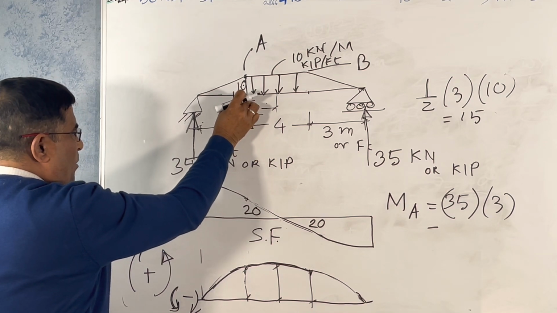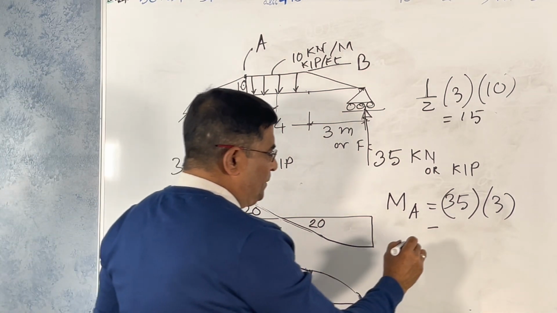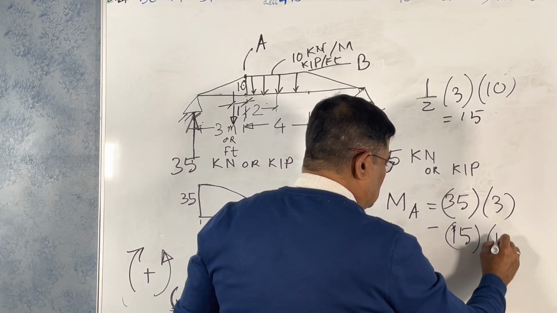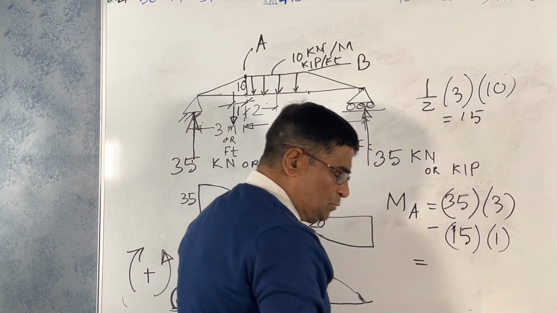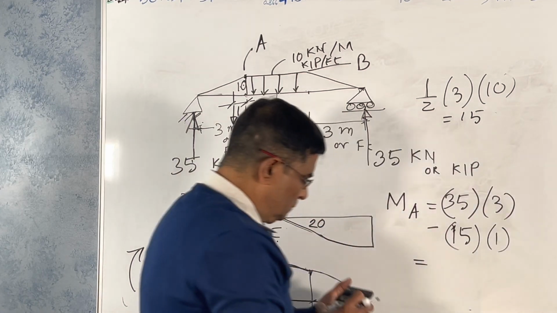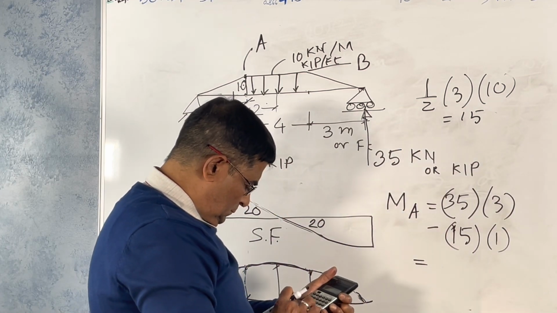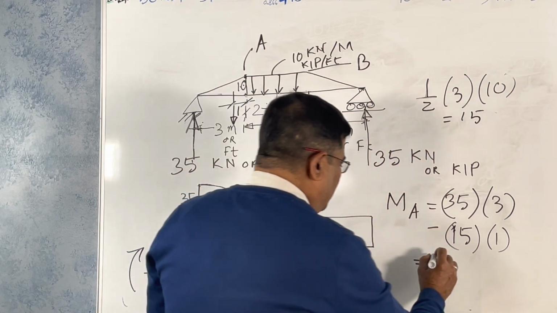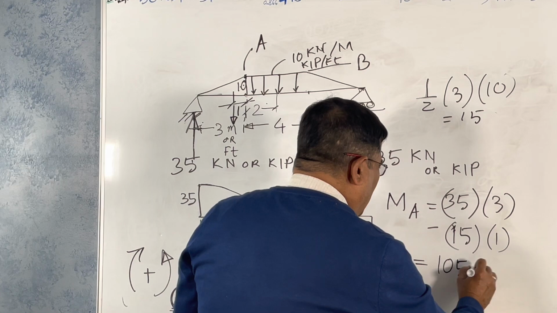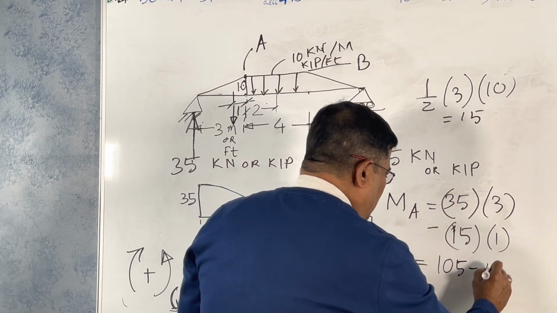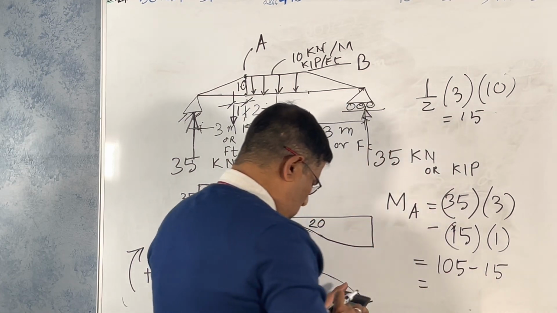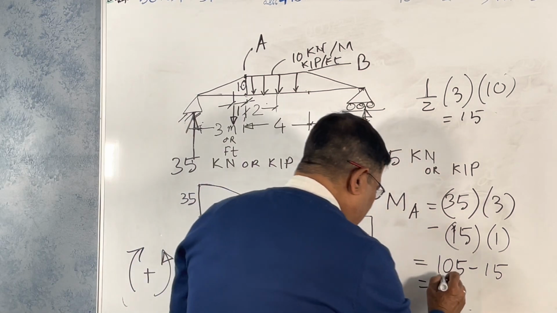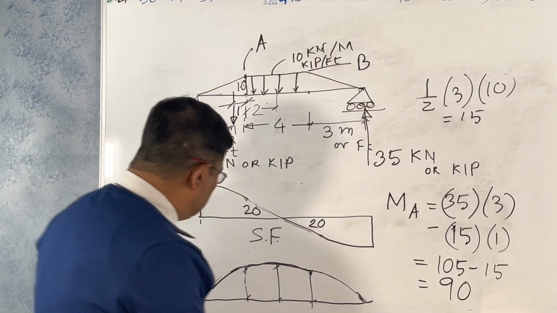We are considering the moment at this point, so 15 times 1. 35 times 3 is 105, minus 15. 105 minus 15 is 90. This value is 90.